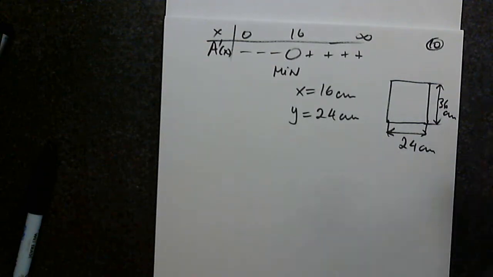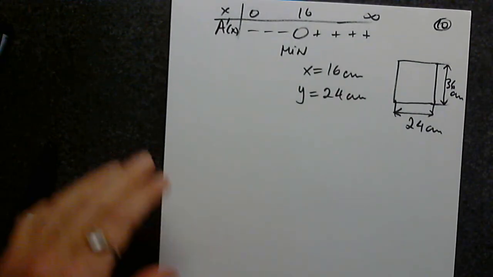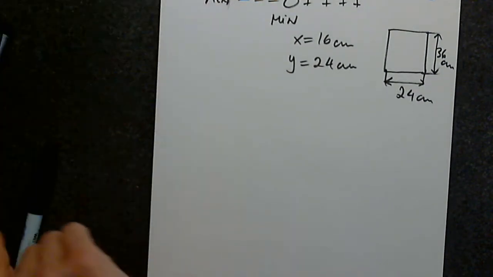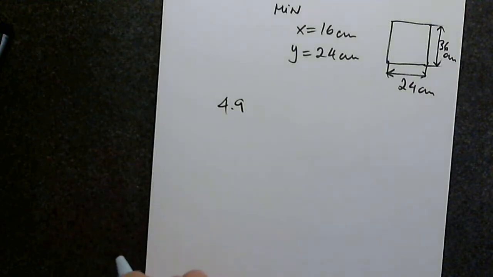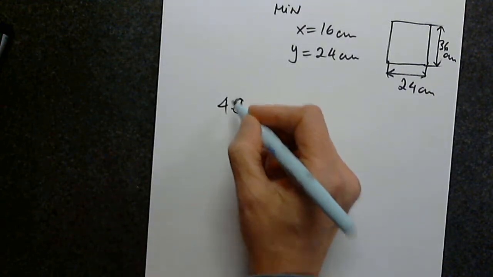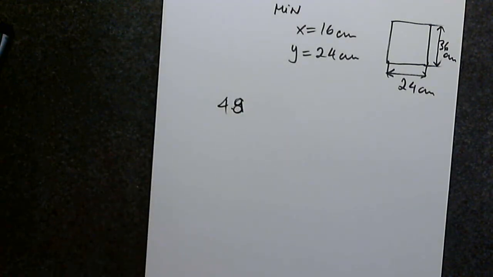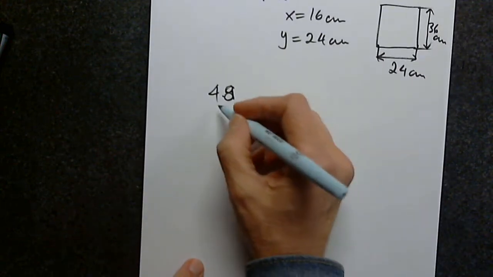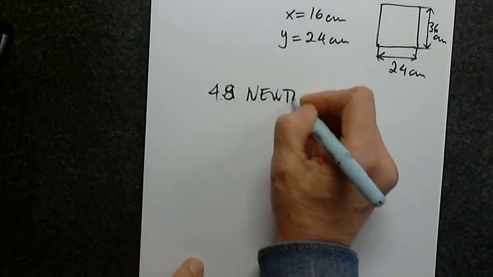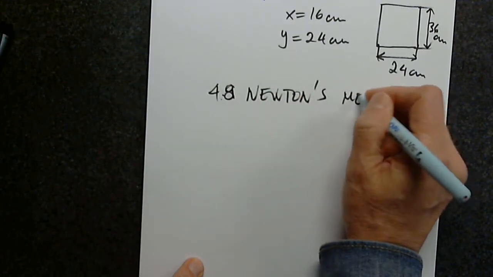And then we'll come back to it with more problems from both. Okay, last section, 4.8. 4.9 is in this chapter, but I will connect it to chapter 5 because that is where it belongs. Newton's method.